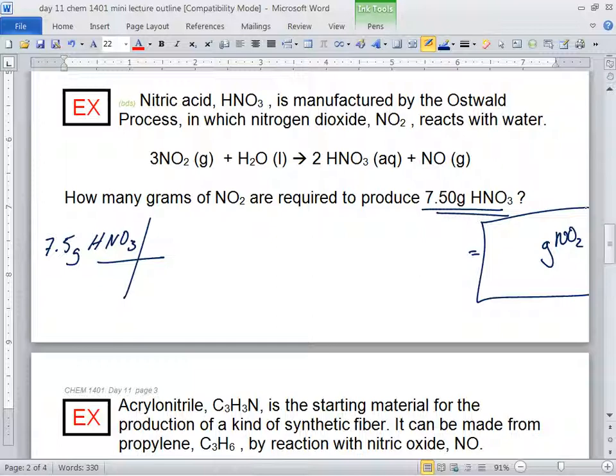So your units, moles, don't put a number yet. Just put the unit, mole HNO3. You want to get it into NO2. So that means you have to use mole bridge. So the HNO3 to the moles of NO2. Right? So you get that from the reaction, that ratio.